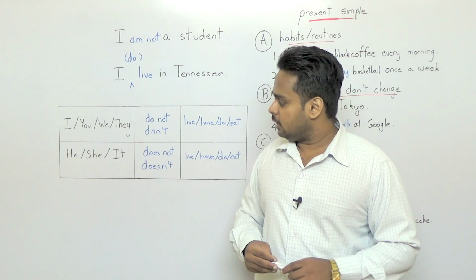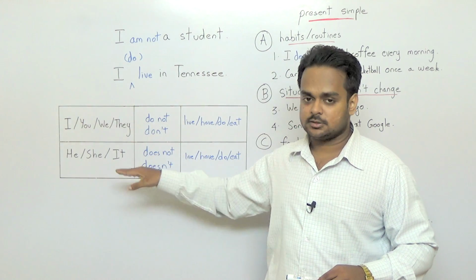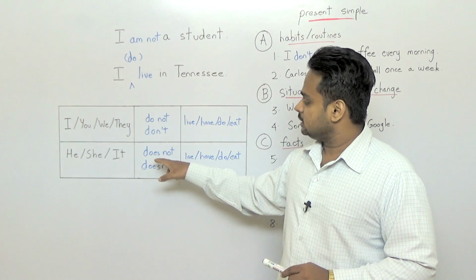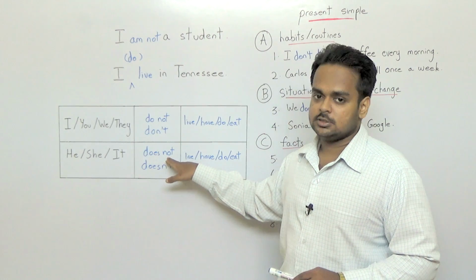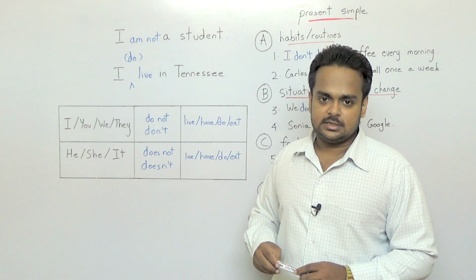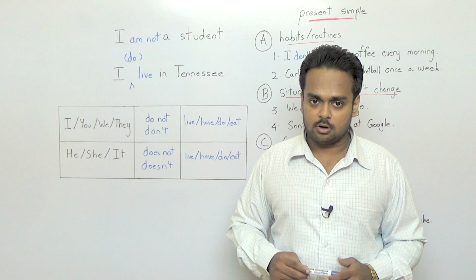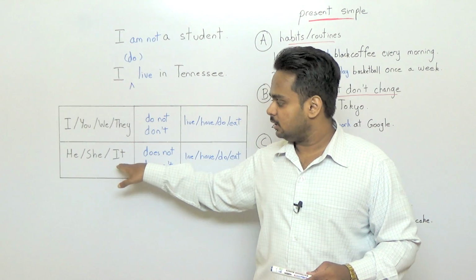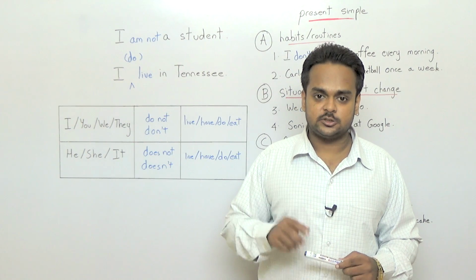Now, if the subject of your sentence is he, she, it, or any singular noun, then you will say does not to make the sentence a negative. Why do we say does not? Now, you remember that for positive statements, for he, she, and it, we add s to the verb.